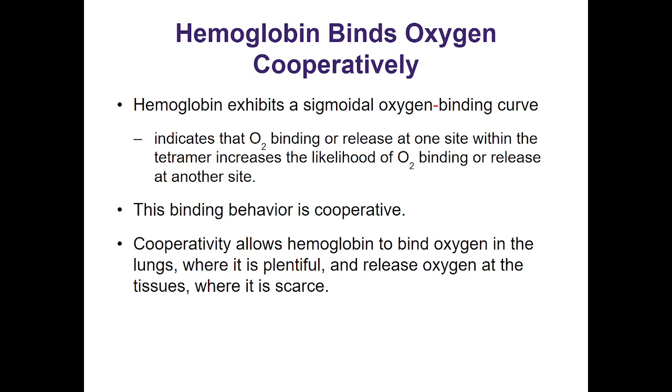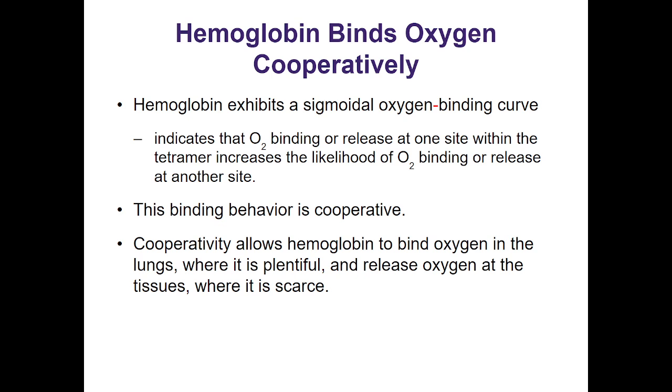So when you bind your first oxygen, it actually becomes even more energetically favorable to bind the next oxygens. So if you get a hemoglobin binding one oxygen, it's probably going to fill all the sites. Okay? And if it releases one oxygen, it becomes more favorable to then release the other ones. Okay? And that's cooperative binding behavior.